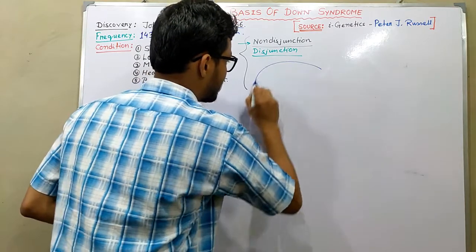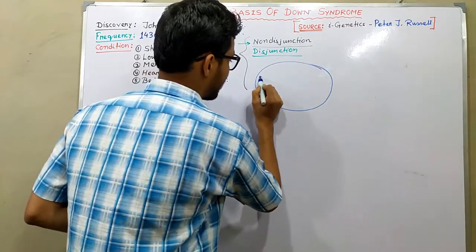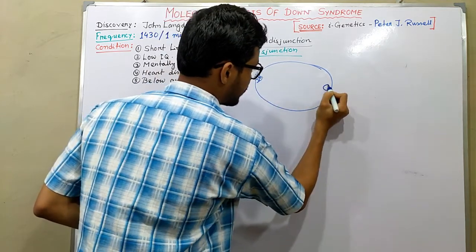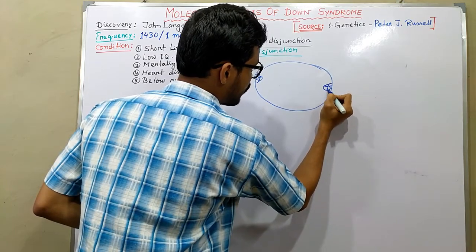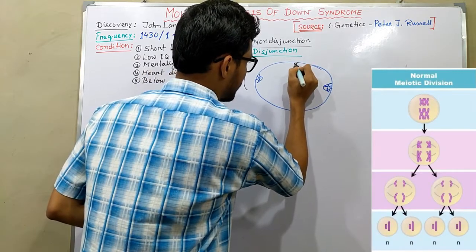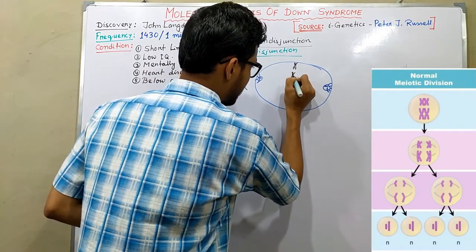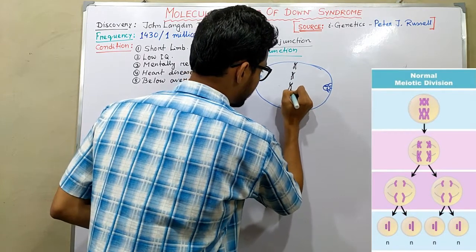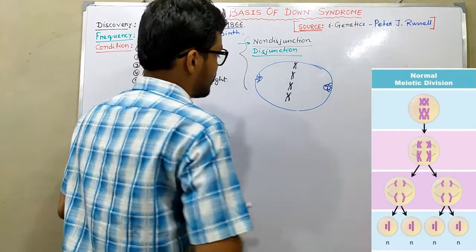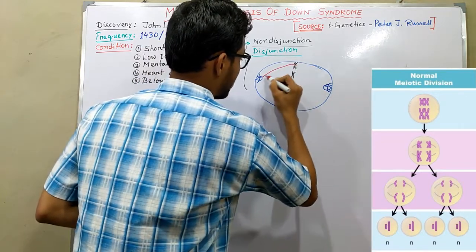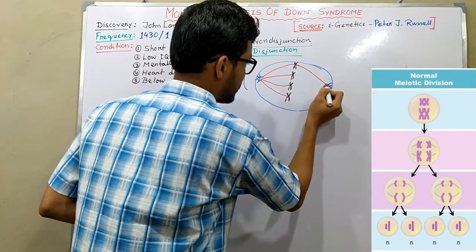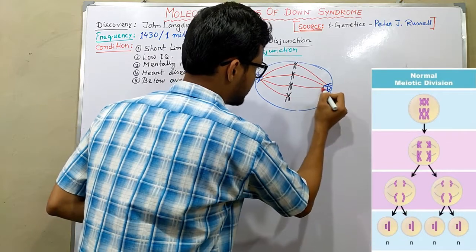Here, if I draw a normal cell division stage, this is the centrosome. The centrosome is present on each pole of the cell, and the chromosomes are present in the middle of the cell in the metaphase state, and the spindle fibers attach to each of the chromosomes with the help of the kinetochore region, right?